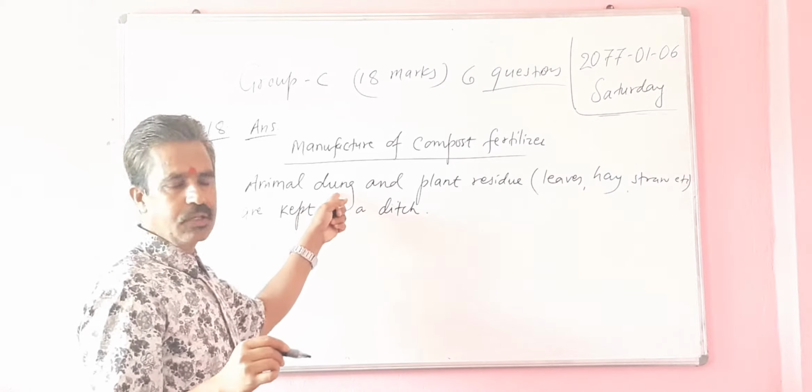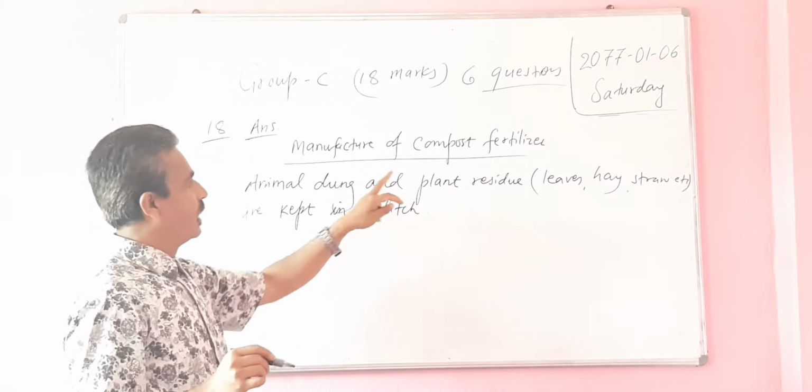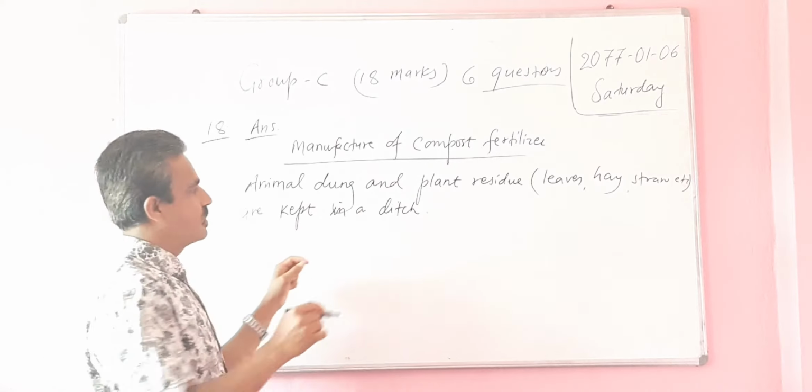Animal dung, we can use cow dung, buffalo dung, poultry and other animals' dung, and plant residue like leaves, hay, straw, etc. are kept in a ditch.